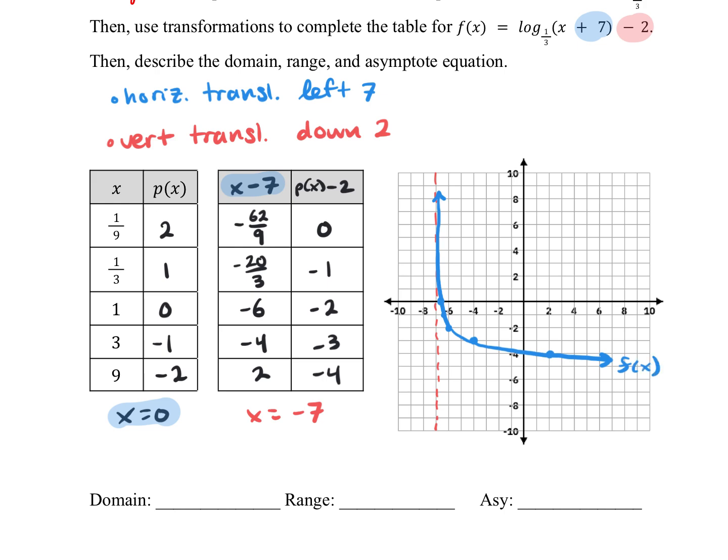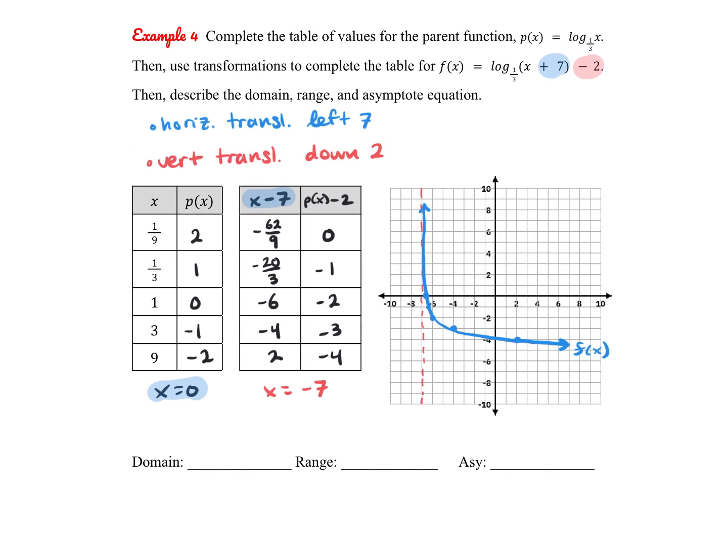There we go. And it's because our base is 1/3, which is less than 1. When your base is between 0 and 1, you are going to have that decreasing graph, at least for the parent function, in comparison to when our base was bigger than 1 when we had that increasing graph.